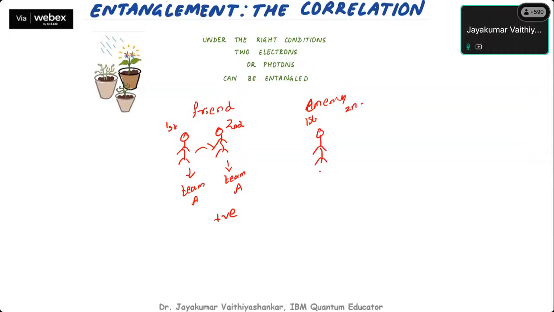Whatever the first person says is true, the second person always says the opposite, false. This is a phenomenon we can see everywhere. If there are two opposing parties, a ruling party and an opposition party, they always go against each other. But in a national issue, in any case of war, all these parties will come to one point. They will support each other under a common goal.